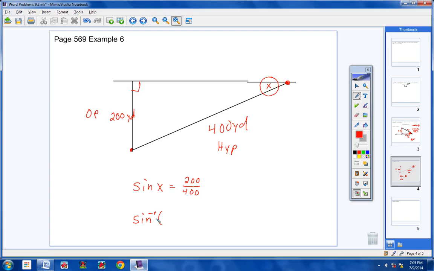But either way, you will get 30 degrees. So now you know that angle. Just simply knowing the distance from here to here was 200, and knowing the distance from here to here was 400, you then could find this angle right here using sine.